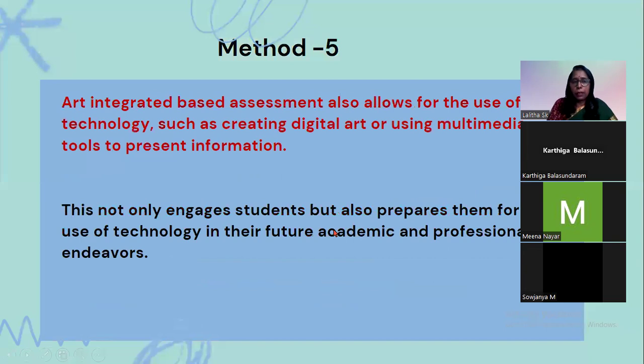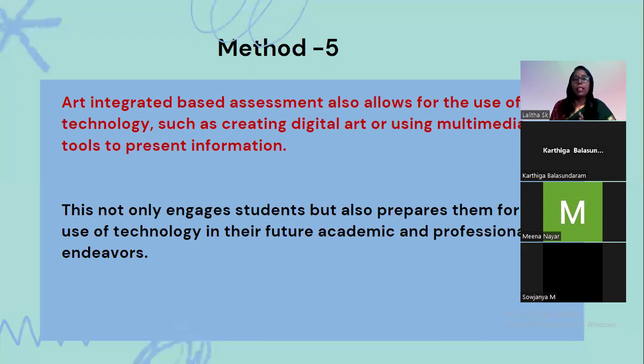The fifth method that you can incorporate for art-based assessment is allow them to use technology, such as creating digital art and asking them to use multimedia tools. Of course, as we all are using multimedia tools, you can give the liberty to your students also to use technology and see how best they can do.